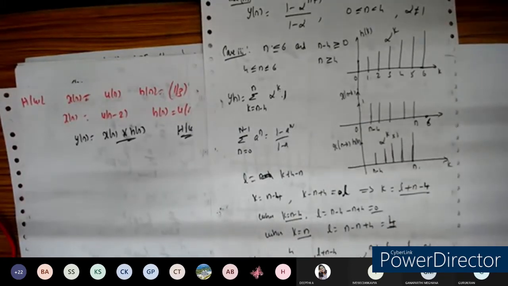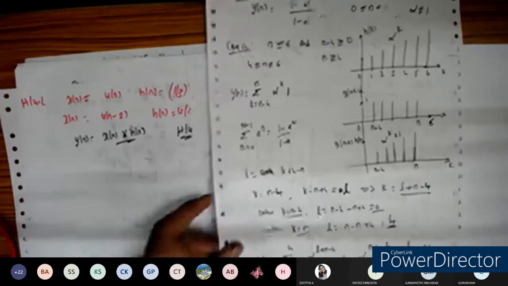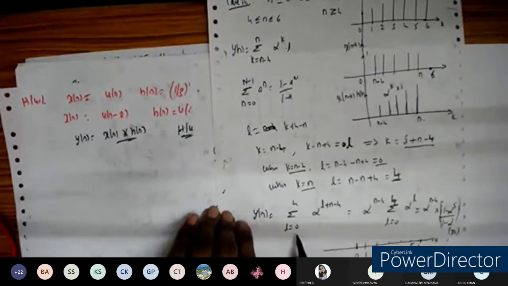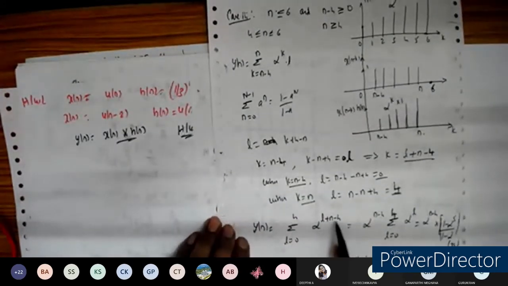The same thing is reflected in the summation. So L can take the value from 0 to 4, alpha to the power of L plus n minus 4. Since n minus 4 is not a function of the summation, we can take it outside and apply the sum of finite terms formula.